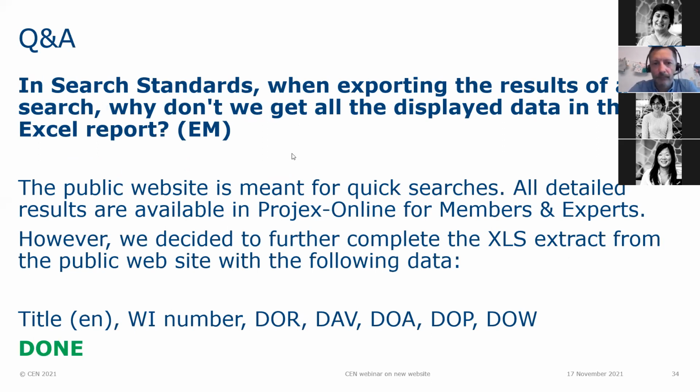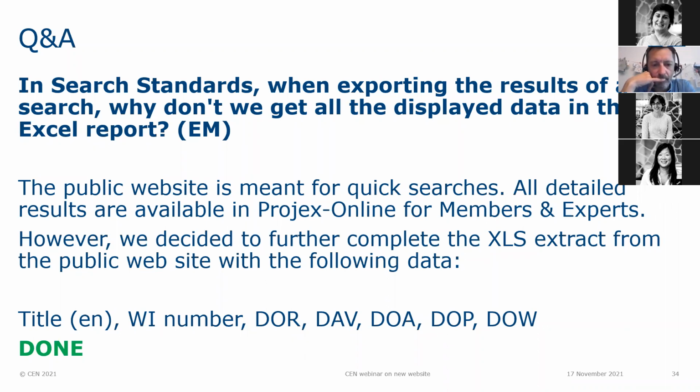Okay, the next question is, in the search standard, when exporting the result of a search, why don't we get all the displayed data in the Excel report? As was explained by my colleague earlier, the public website is meant only for quick searches. If you need more detailed information, we invite you to go to projects online for a member and expert.